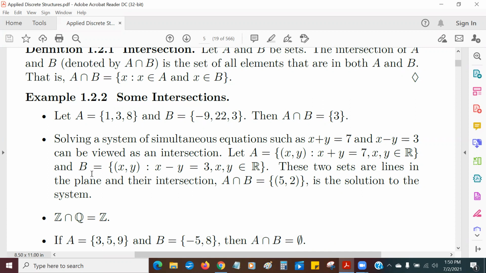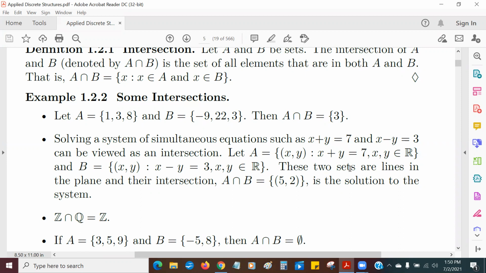And B is the set of all x, y where x minus y equals 3. Again, it could be 5, 2, -1, -4, and so on.